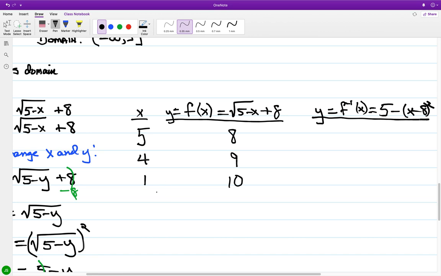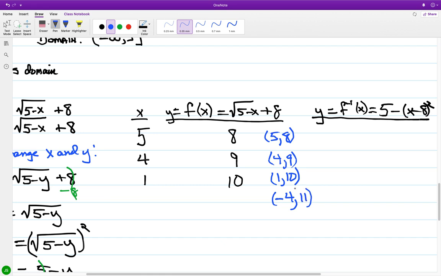So for y equal to f of x, equal to the square root of 5 minus x plus 8, among your ordered pairs you have 5, 8, 4, 9, 1, 10. And I could actually continue, if I had, let's say, -4, I'd have -4, 11.